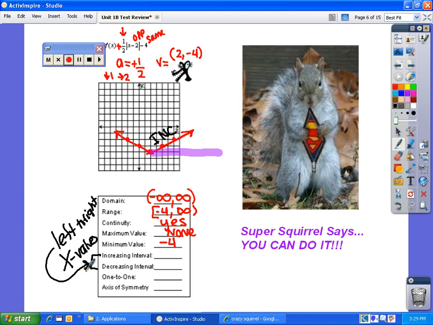So I start off here with 2. Then this side is 4. Then this is 6. Then we're probably going to go to 8. And all the way to the right to infinity. So my increasing interval starts at 2 and goes to infinity. Now if I go on the left-hand side here, this is my decreasing interval.